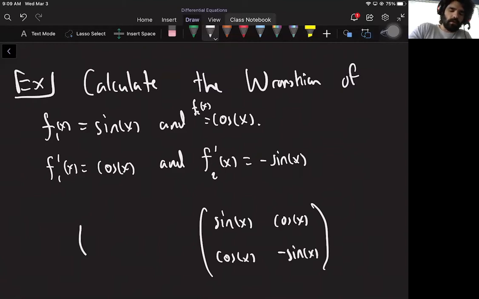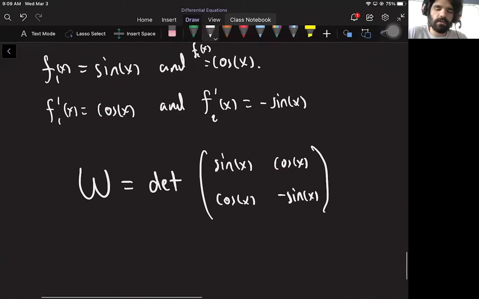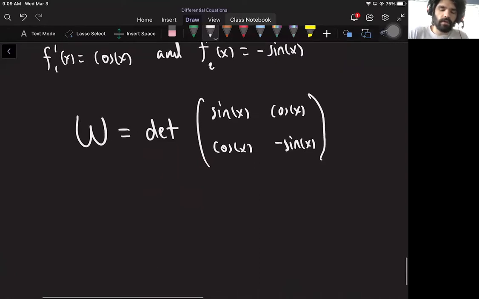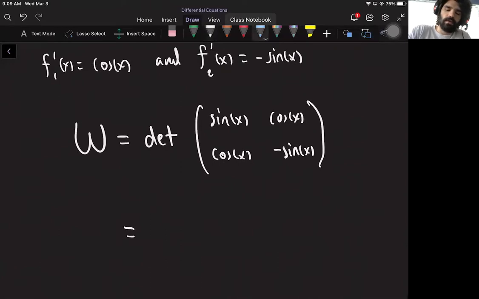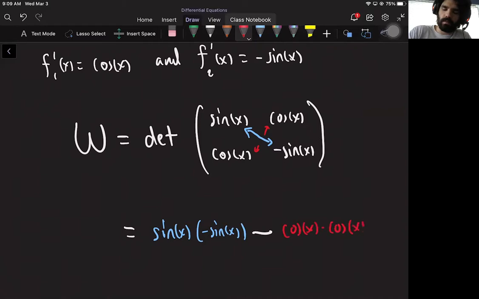And now the Wronskian, which I'll call W, is the determinant, which you write like this, there's other notations too, of that matrix. So the determinant of a 2x2 matrix is pretty simple. It comes from multiplying these two together, multiplying these two together, and then subtracting. So it's going to be sine of x times negative sine of x minus cosine of x times cosine of x.